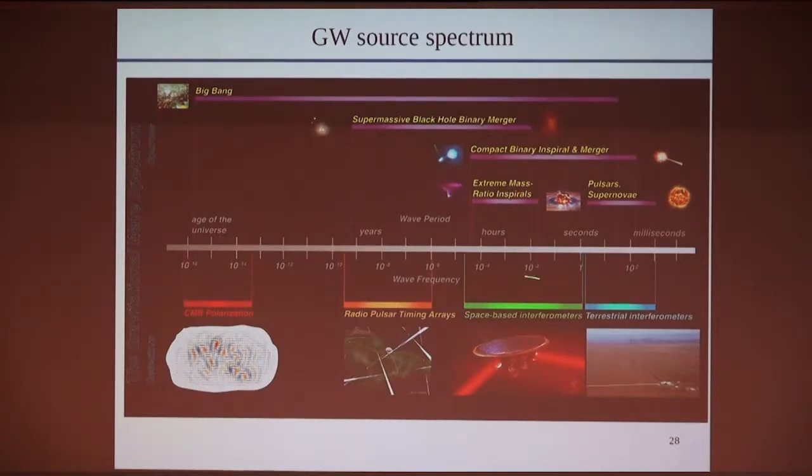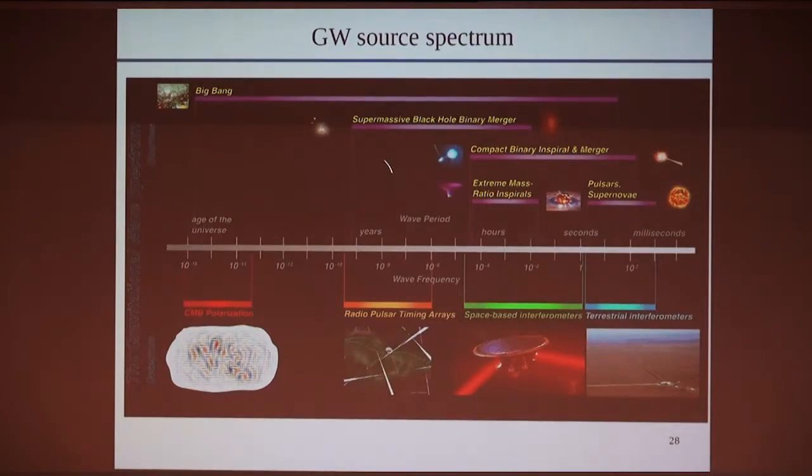And there are projects, the LISA detector, that will hopefully be launched in 15 years. It should be able to cover this range of gravitational waves, millihertz, and with pulsar timing, you can go even lower in frequency.